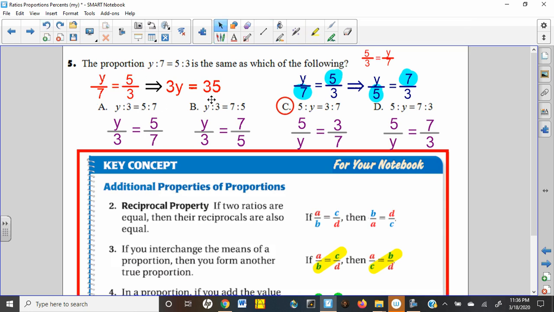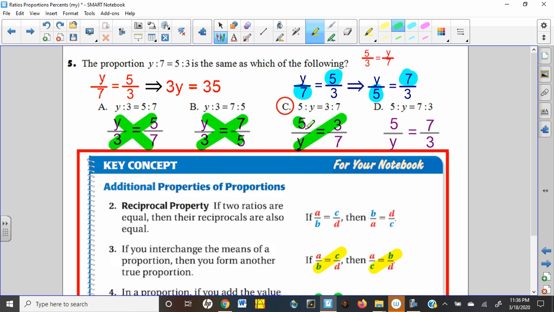Only one of these proportions gives me the same answer. For example, A would give me 7y equals 15. So that's different. B gives 5y equals 21. So that's different. But look at C. 3y equals 35. So there's your winner. Winner chicken dinner.